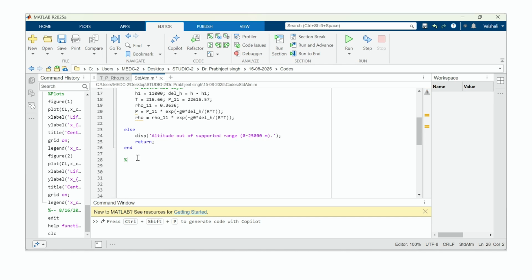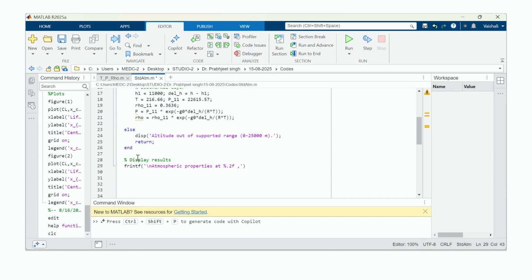Alright. Now let me also display the results over here. I would like to print these statements. The command for that is fprintf. Let me write here the apostrophe. I want to write in a new line, so I write backslash n. Atmospheric properties at whatever value the user has entered, as percent 0.2f in meters.